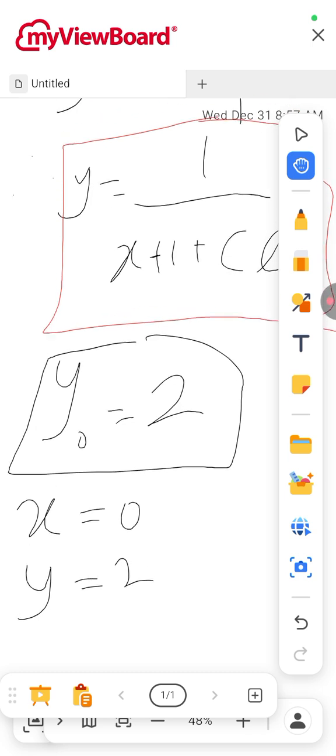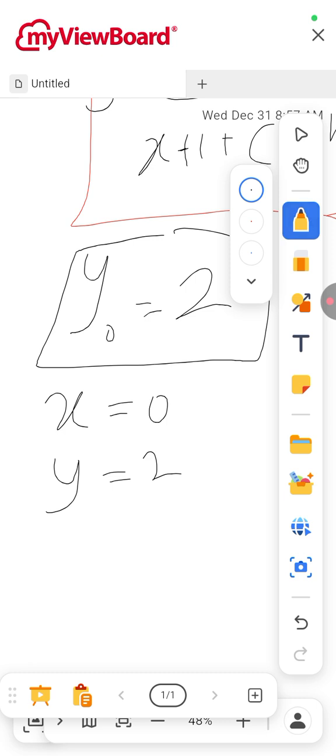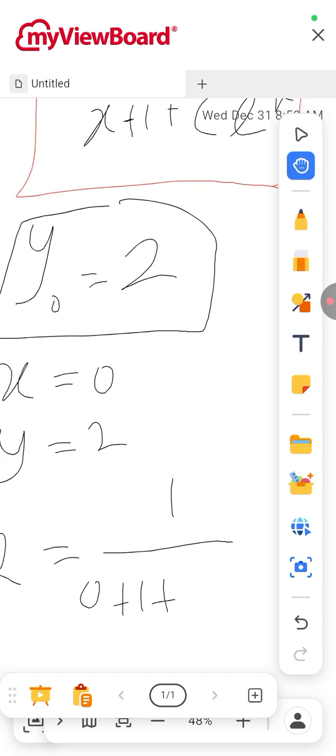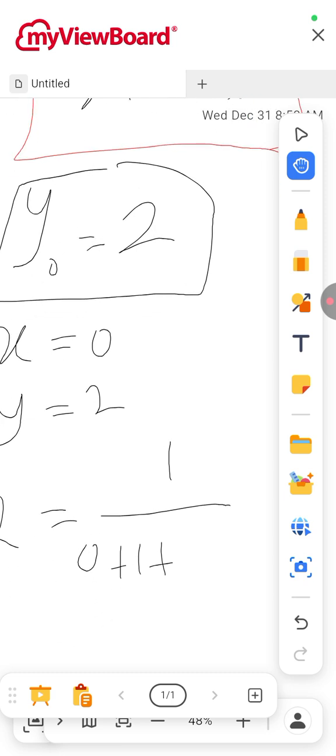So that means it will now be what? y is 2, so 2 equals 1 over x is 0, that's 0 plus 1, plus c times e raised power 0, and e raised power 0 is 1.